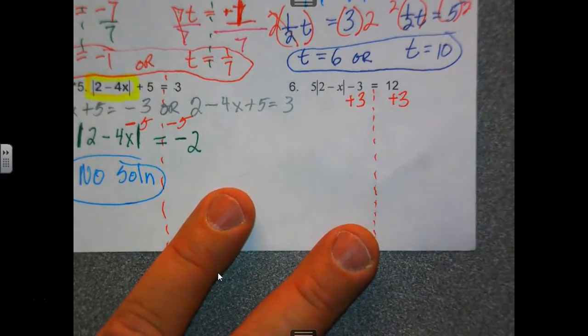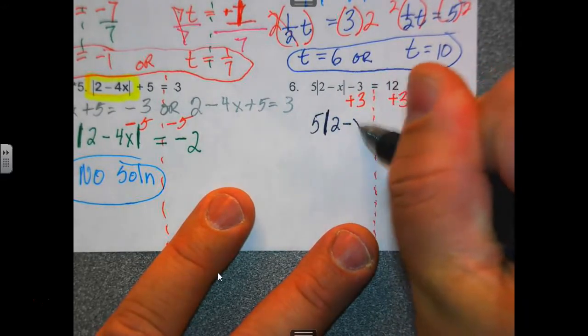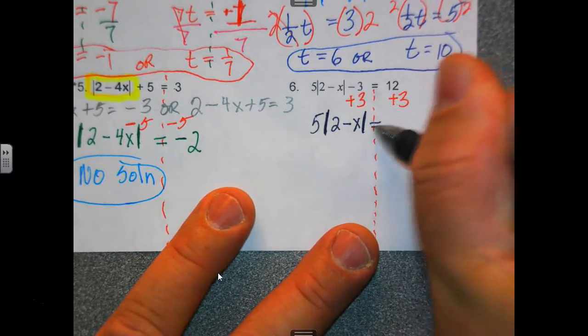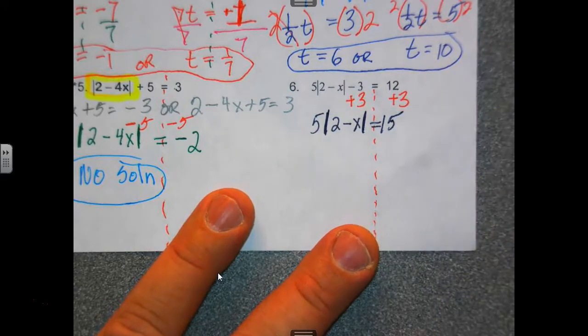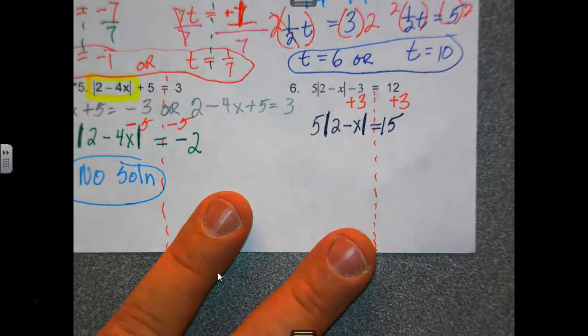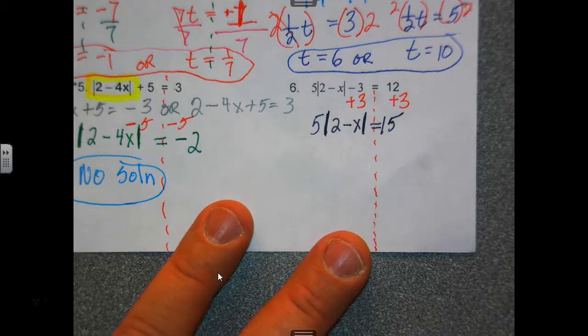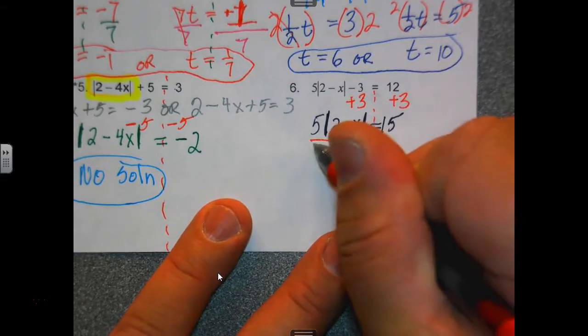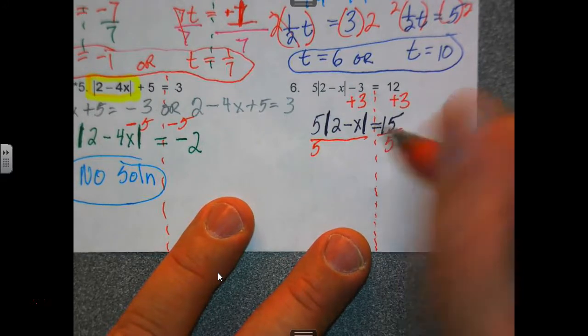So I get 5 times the absolute value of 2 minus x equals 15. I still have to get the absolute value by itself, right? Not distribute. Divide by 5. Excellent. Think of it as almost like a coefficient. I'm going to divide by 5.